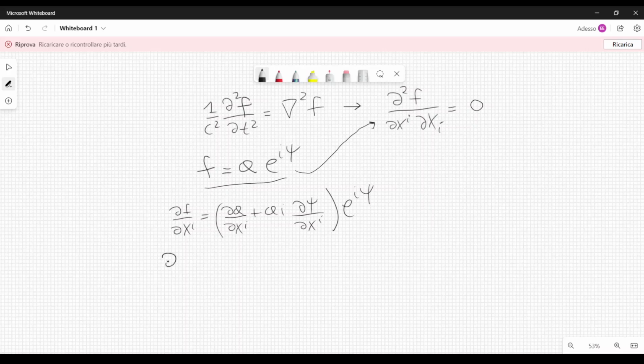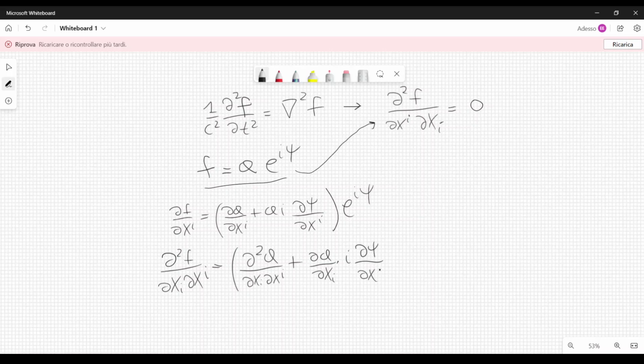Then we take the second derivative of f with respect to x^i, and this is equal to the second derivative of A with respect to x^i, plus dA/dx^i times i dpsi/dx^i, plus iA d squared psi/dx^i dx_i, minus A dpsi/dx^i dpsi/dx_i.